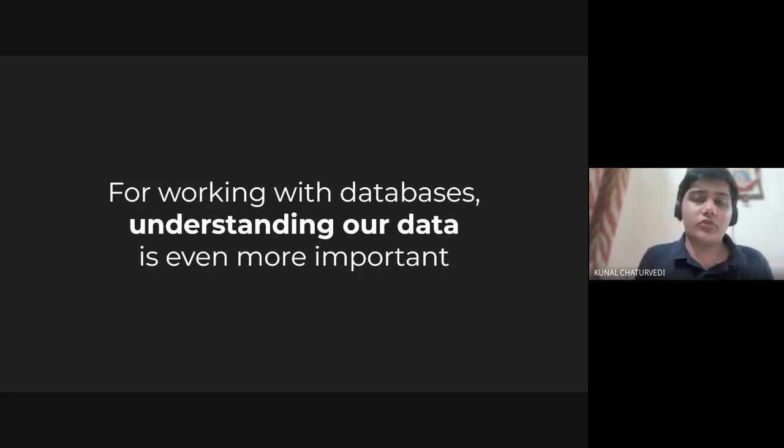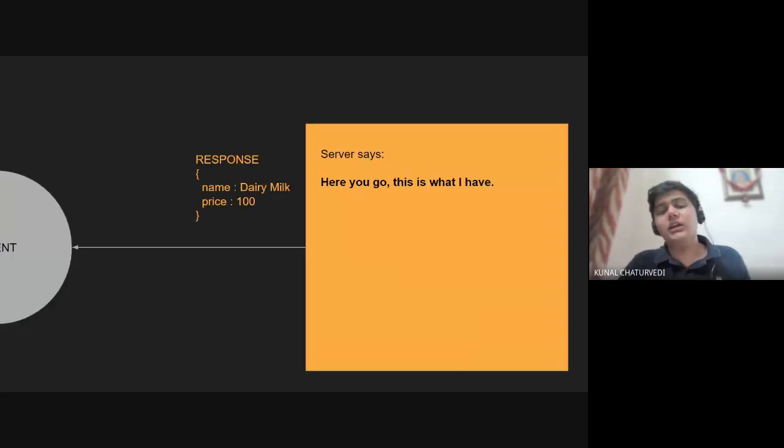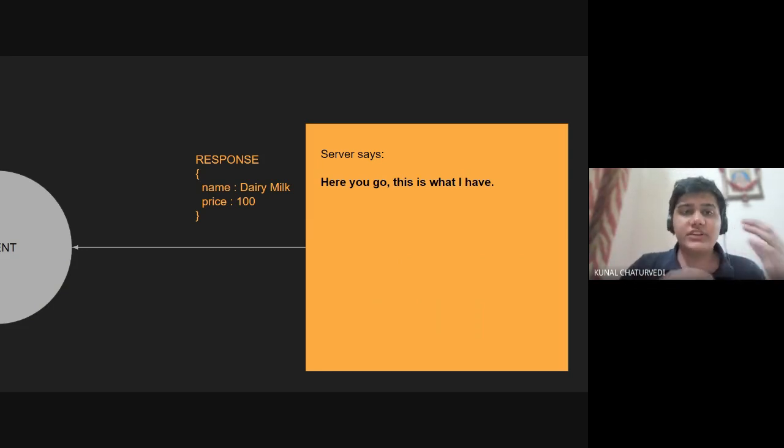Because say, if I'm storing this grocery information, previously, if I go back a little, in the response you would see that we returned this item, and this was a dairy milk, but it had two properties associated with it which defined the item, which were the name of the item and the price of the item. So this sort of makes up the structure of the database. This becomes the core of the information that is going to be stored in the database.